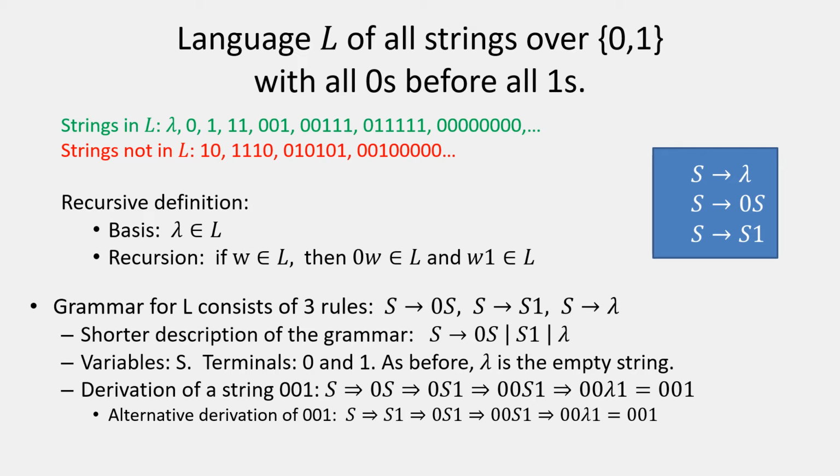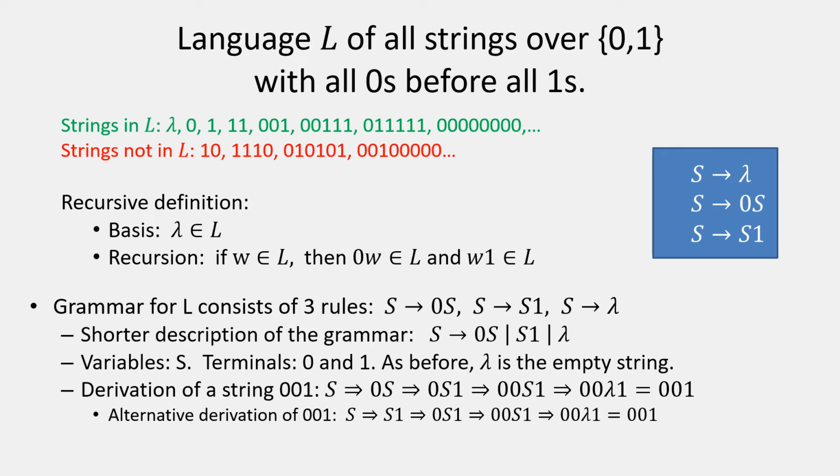Good, so from the string S, you derive 0S, then you derive 0S1, then you apply the first rule that S goes to 0S again to that S in the middle to get 00S1. Now you can apply the rule that S goes to the empty string to produce 0, 0, empty string, 1, and you can ignore empty string and get 0, 0, 1.